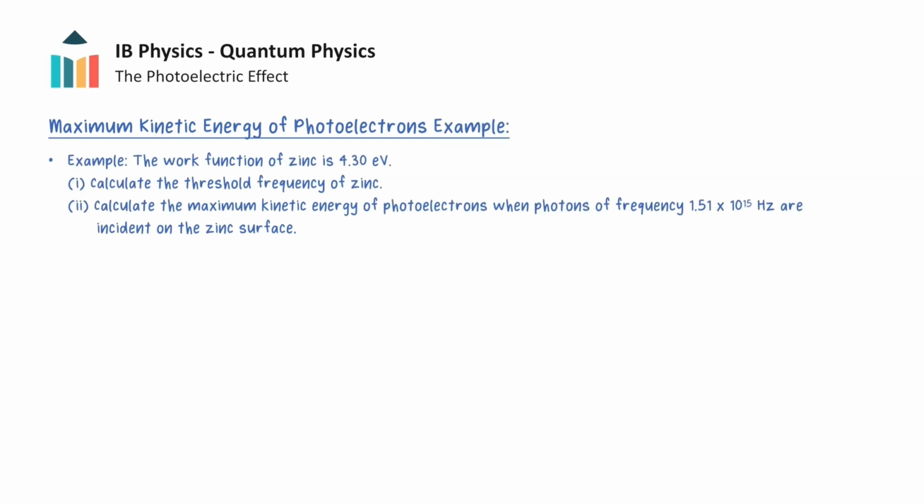Let's now consider a numerical example. Part 1 wants us to calculate the threshold frequency of zinc. To do so, recall that the energy of a photon at the threshold frequency is equivalent to the work function of the metal. This means we can rearrange for the threshold frequency and substitute in the relevant values. The work function needs to be converted into joules, and recall that 1 electron volt is equal to 1.6 times 10^-19 joules.